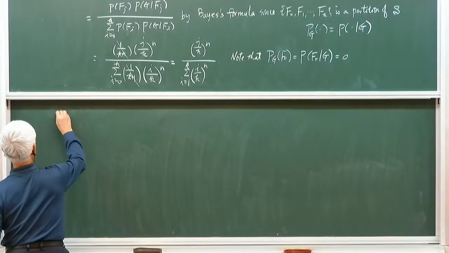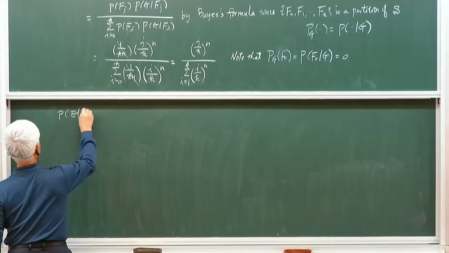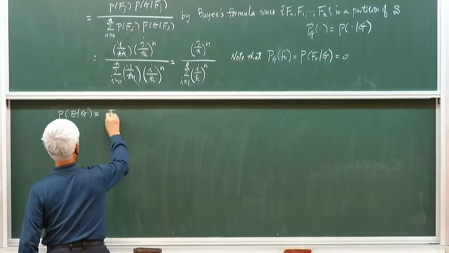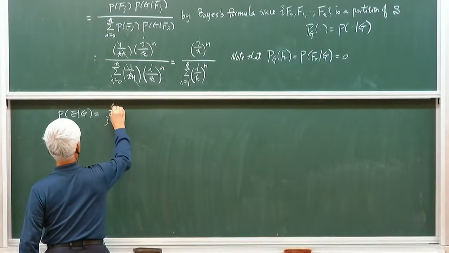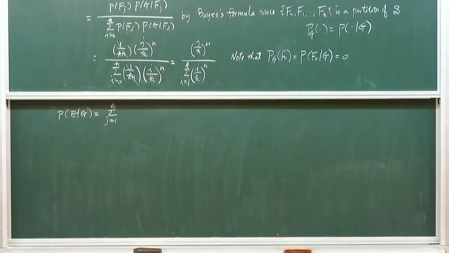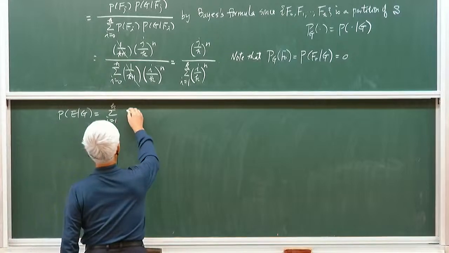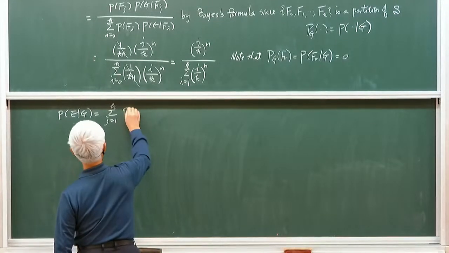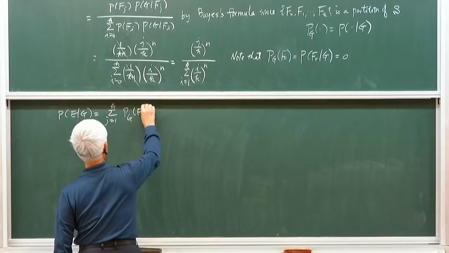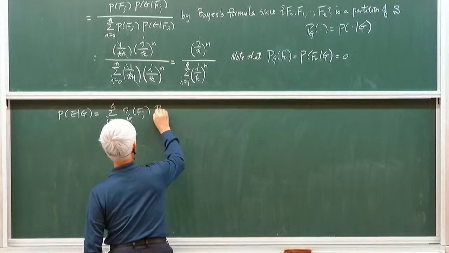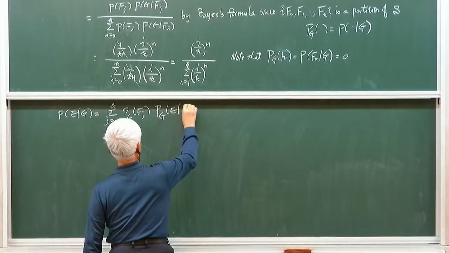So now the probability of E given G becomes a sum over j from 1 to k, so we avoid the case that j equals 0. So we have P(G given Fj) and P(E given Fj).